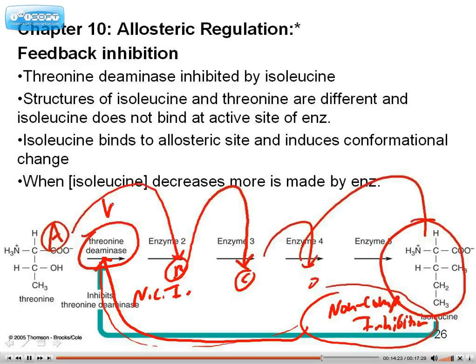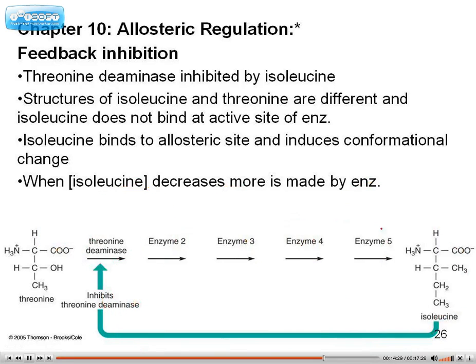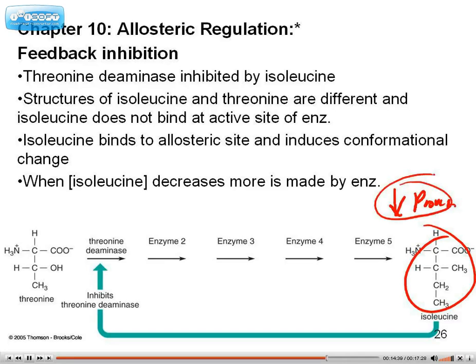This then slows down the enzyme and therefore slows down the production. The minute, however, we need extra amounts of isoleucine because we're running low on our product, there's going to be less of this non-competitive inhibitor floating around, so therefore most threonine deaminase enzymes will be at optimal enzyme activity.